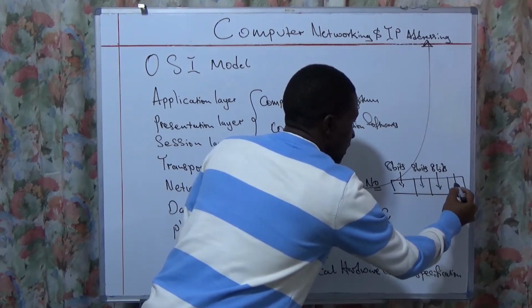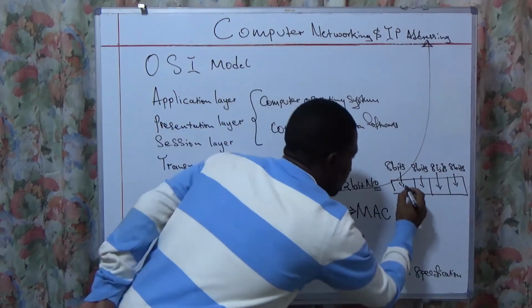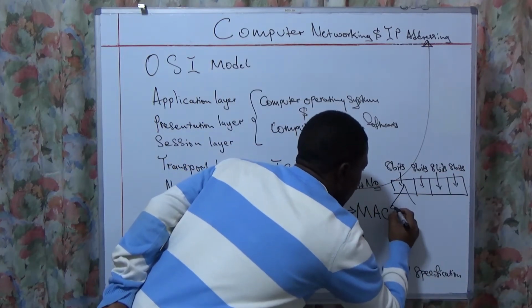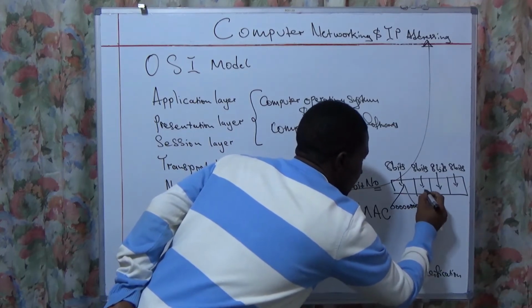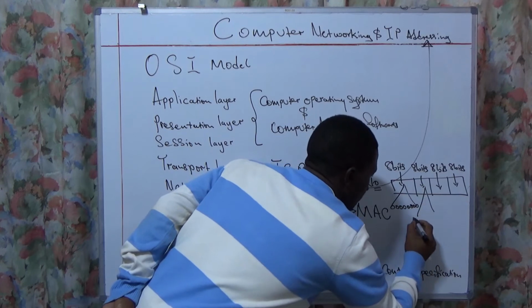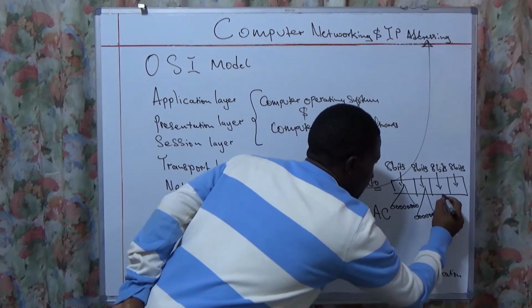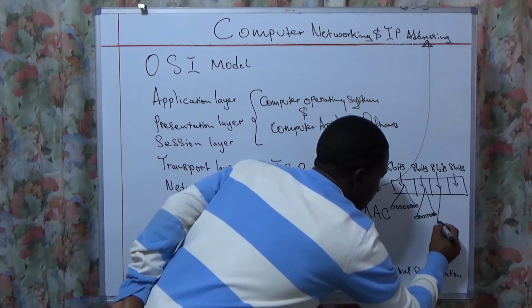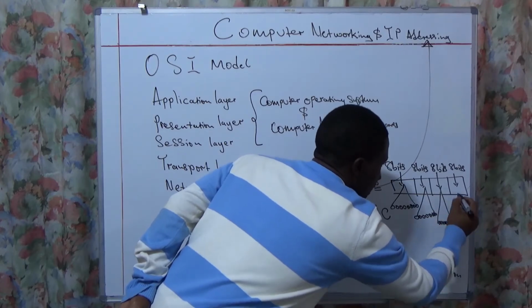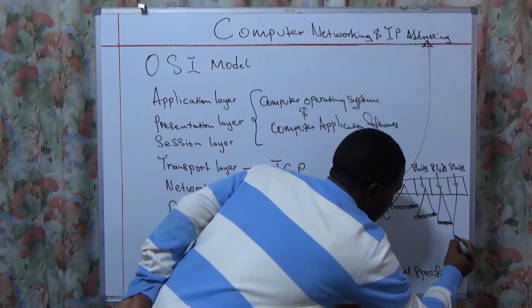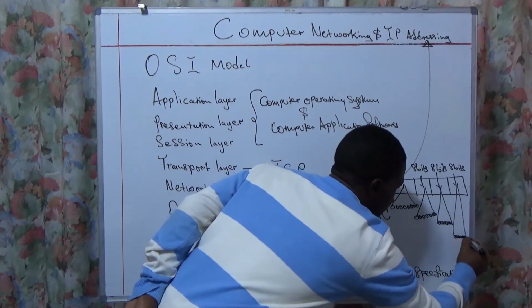8 bits, and here 8 bits, each counted as 1, 2, 3, 4, 5, 6, 7, 8.